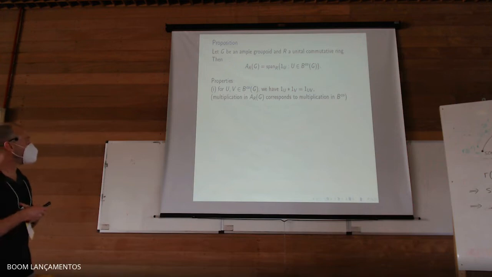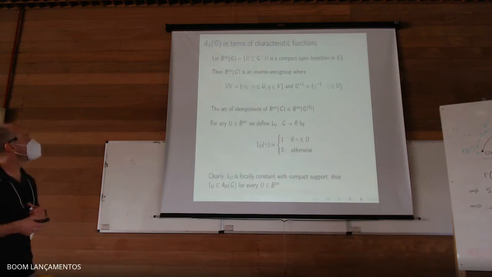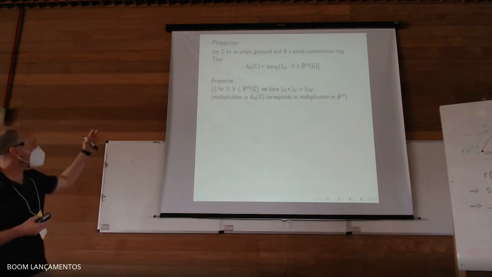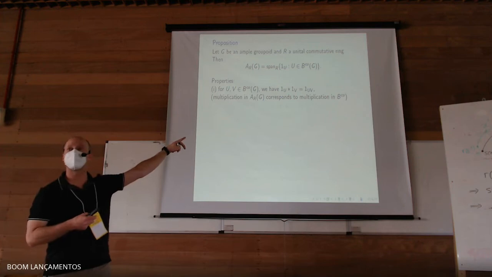So suppose we've got a U and a V. Then we claim that the convolution product is equal to the characteristic function on UV, where this UV is multiplication in the inverse semigroup, right? So in other words, multiplication in the Steinberg algebra corresponds to multiplication in the inverse semigroup.